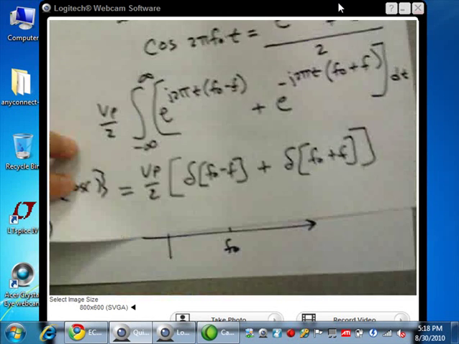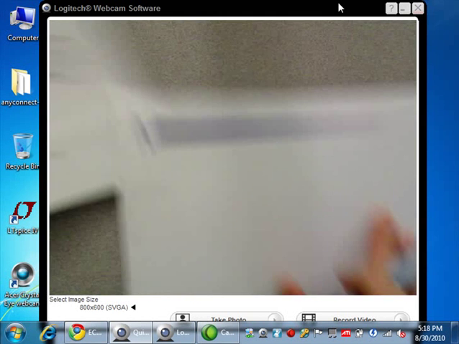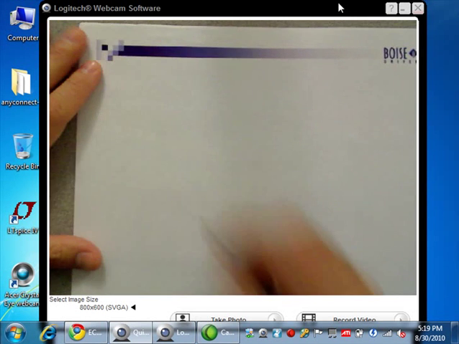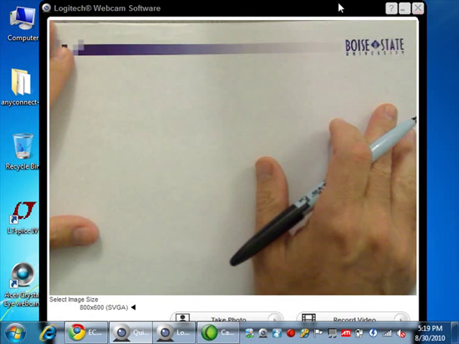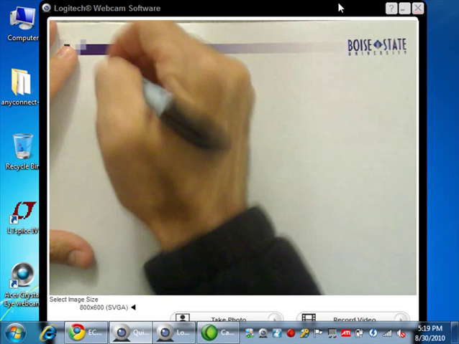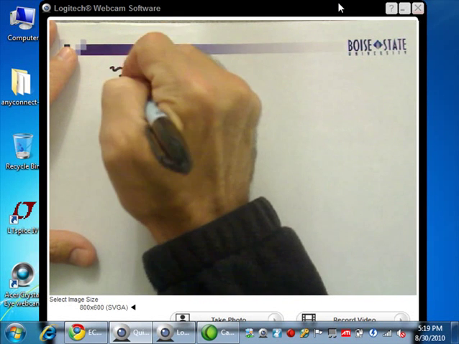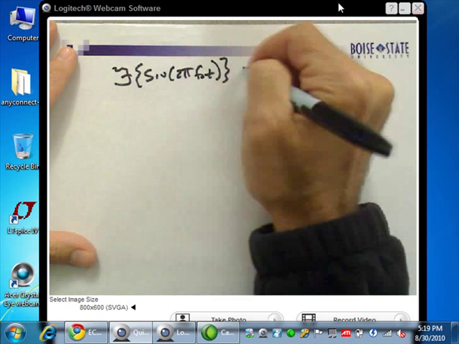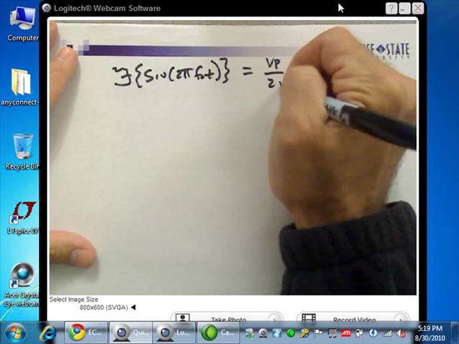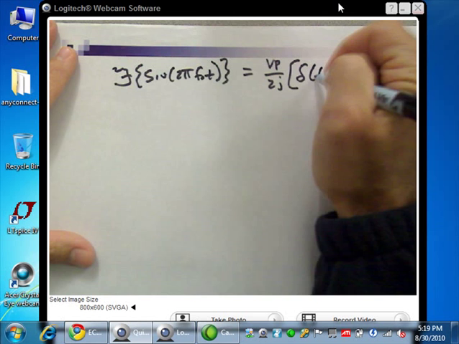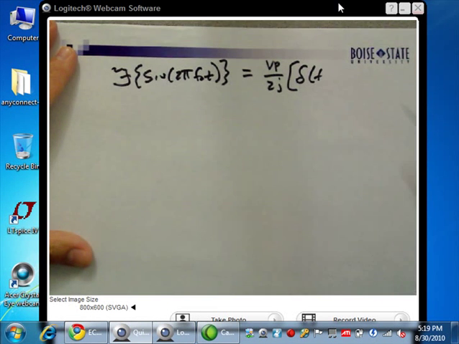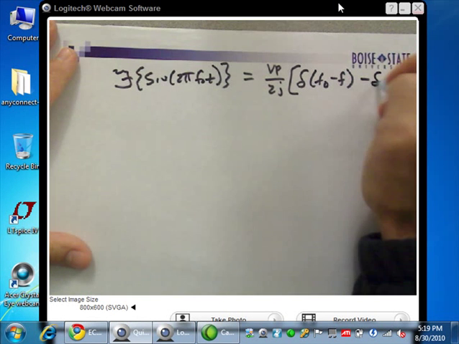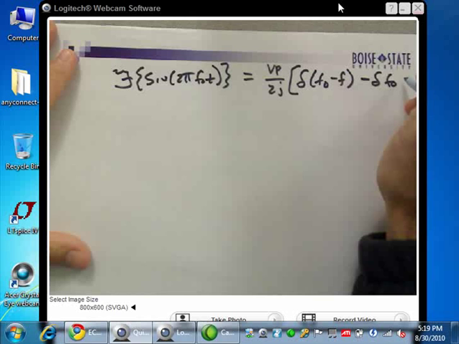So if I go back and write the Fourier transform, and I know this is boring, but I want to make sure when we're going through track and hold response and all these other things that it's all really clear. Fourier of the sine of 2 pi F0 t is equal to Vp over 2j times del of F0 minus F, minus del of F0 plus F.